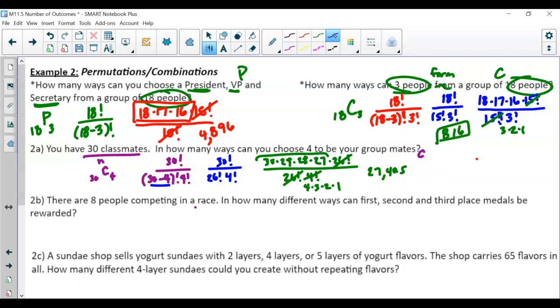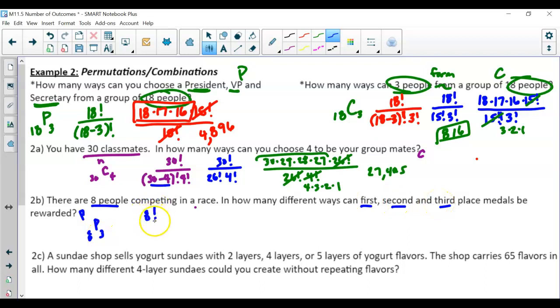So then in 2B, there are 8 people competing in a race. So there's your total. How many different ways can first, second, third place medals be rewarded? So now notice, is this the combination or permutation? A permutation. So this is a permutation because now you're specific, right? So again, you could set it up, the permutation. So 8 permutations, and then we have 3 here, right, first, second, third.